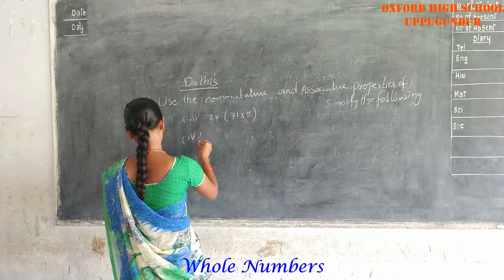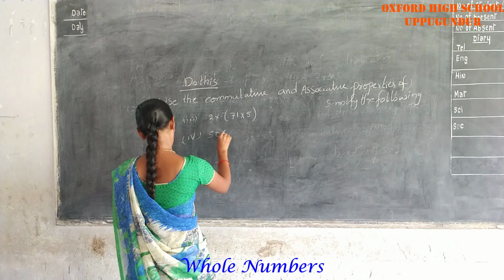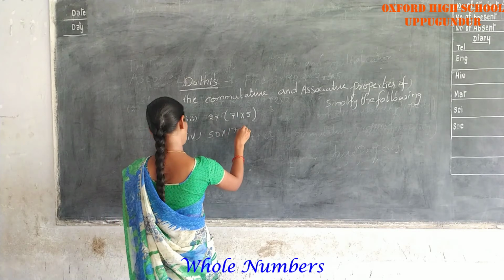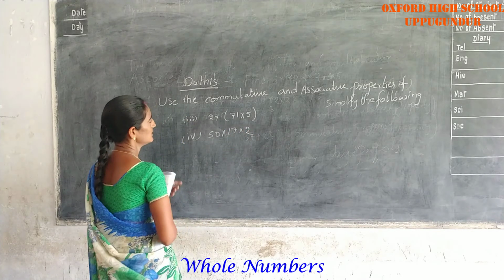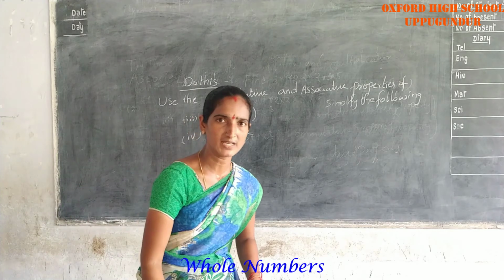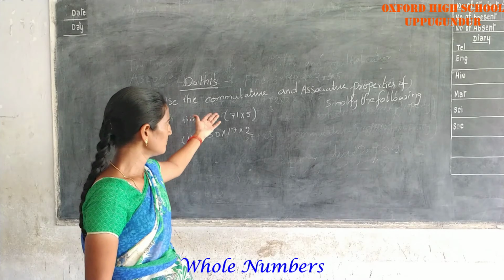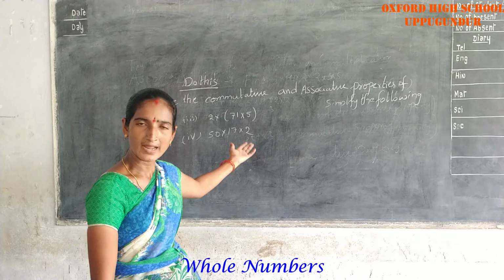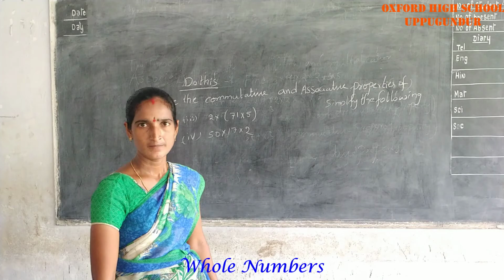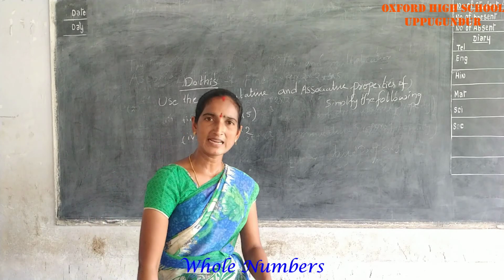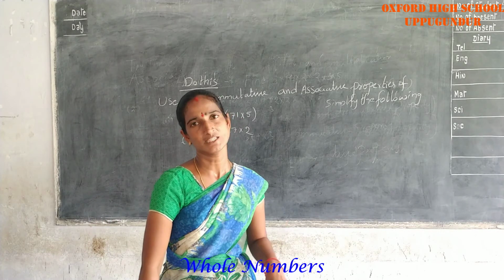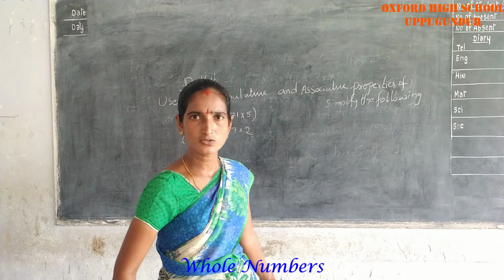Fourth problem: 50 into 17 into 2. These two problems are multiplication. Try your level best. Same model as before, example 1, example 2 and do this first one, second one model. You will try. Next class I will explain. This is today. Thank you.